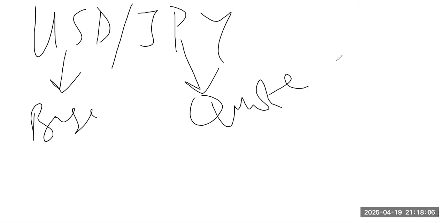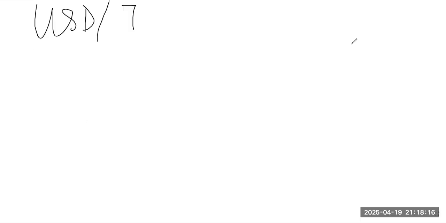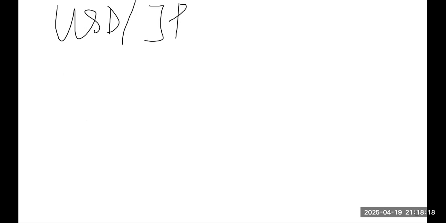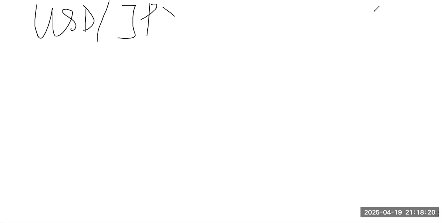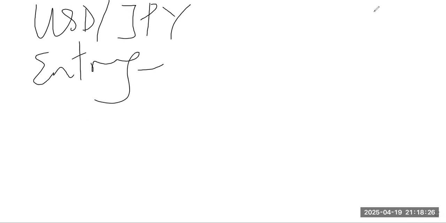Okay, for pairs that have JPY as the quote currency, you calculate the pips movement from the second decimal place. Let's say something like this: USD JPY has an entry price of 195.75.